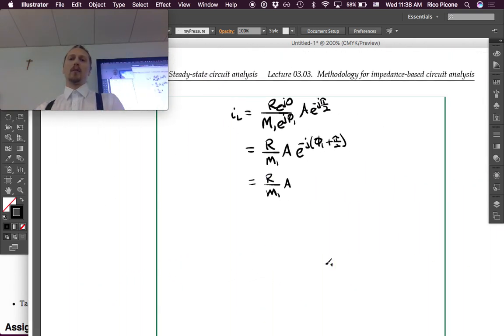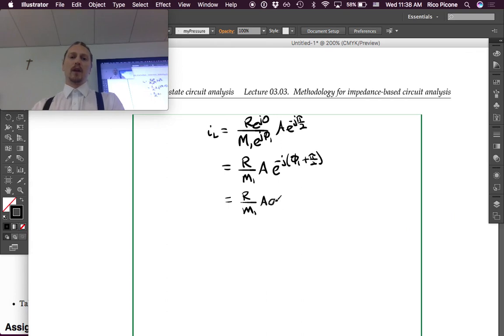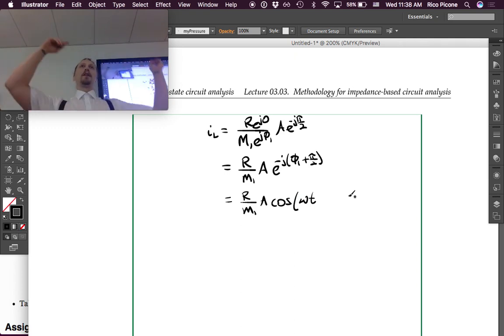So we're going to go back to a cosine. Cosine, and what's inside the cosine? Right, you always have that omega t, right? That omega t stays there from, it was in the original sine input.